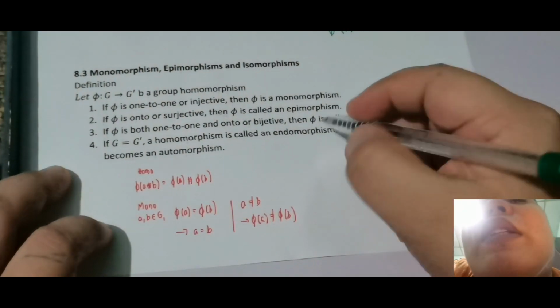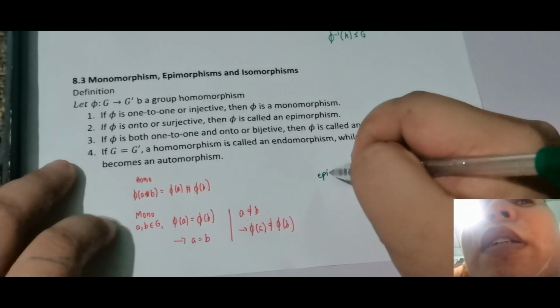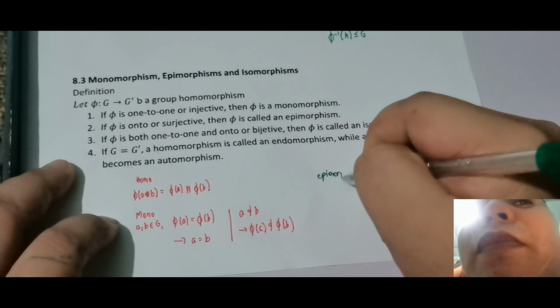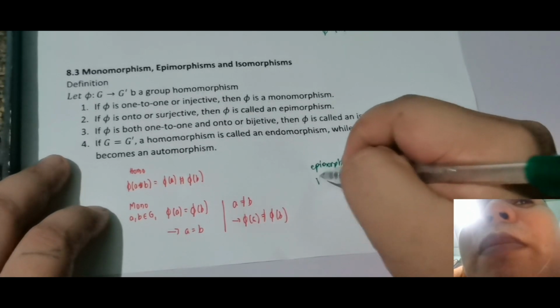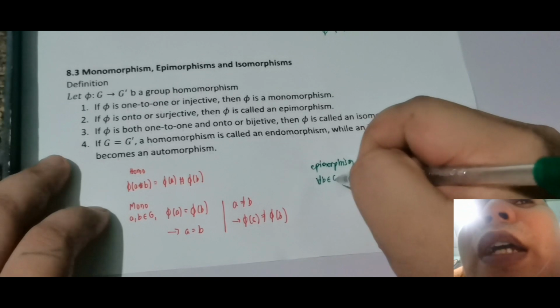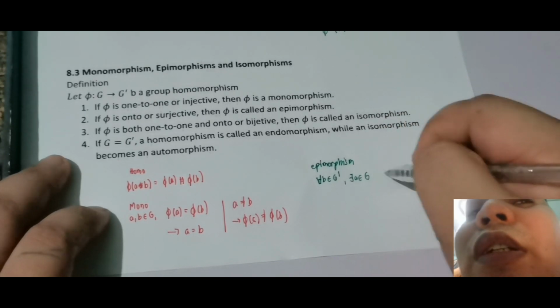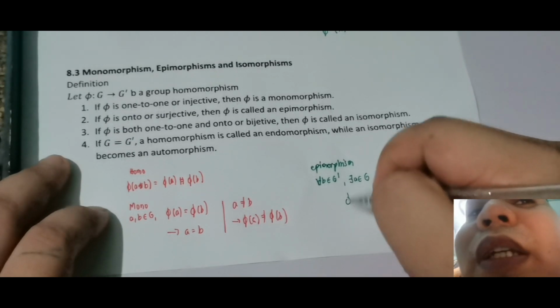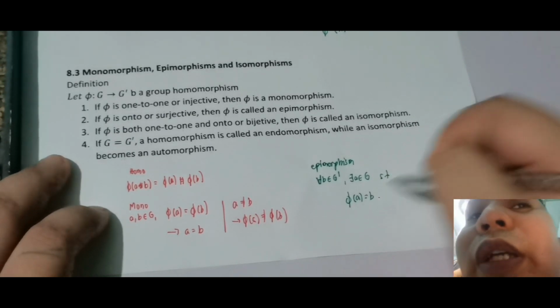Lastly, for the epimorphism: for every b element of G prime, there exists a element of G such that φ(a) is equal to b.